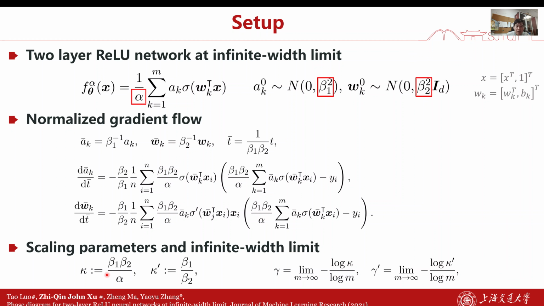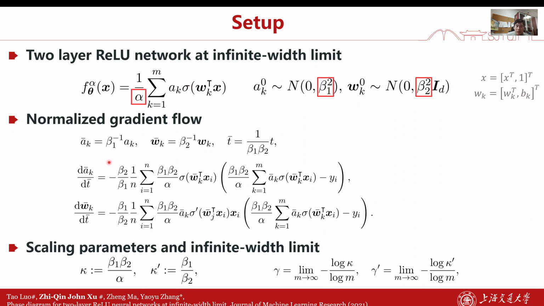So what's the meaning of this kappa and kappa prime? Kappa actually indicates the scaling of the neural network output at initialization, because 1 over alpha and also beta 1 and beta 2, their product indicates the initial output. And kappa prime means the difference of the initialization of A and W. Why is it important? Now let's take a look.